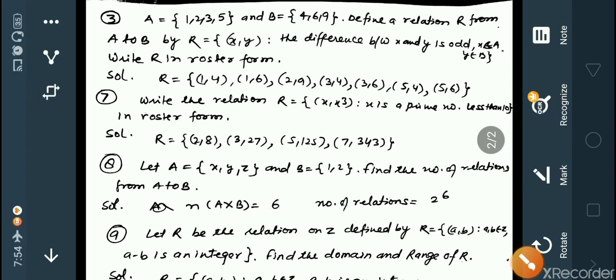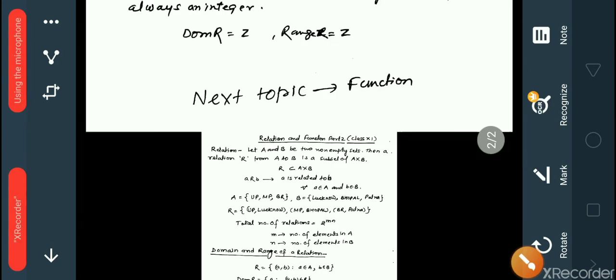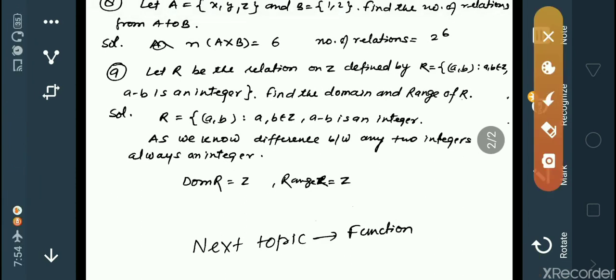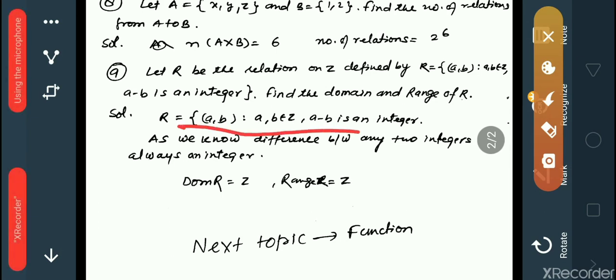Now move to question number 9. Let R be the relation on Z defined by R = {(a, b)} such that a, b belong to Z and a minus b is an integer. Find the domain and range of R. This is the relation.